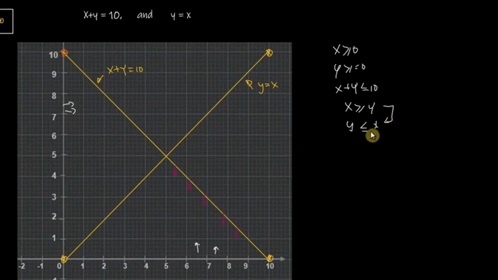And if y is less than or equal to x, then I'm going to look for the line y is equal to x, and the solutions would be found below the line y is equal to x. So when I consider all the variations I have, it means that this region here R would represent all the solutions that satisfy these four inequalities. So if I shade this region, this would be a region of interest R.